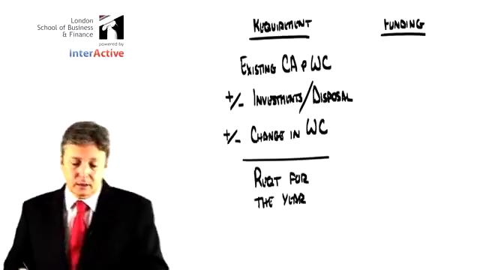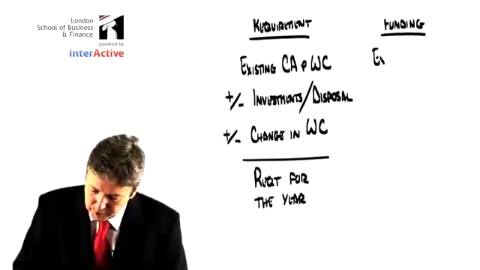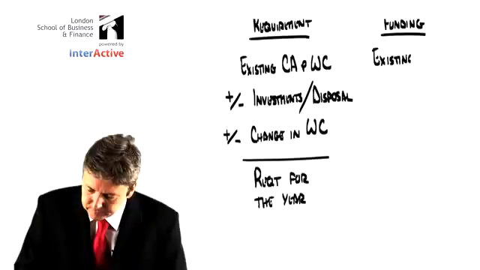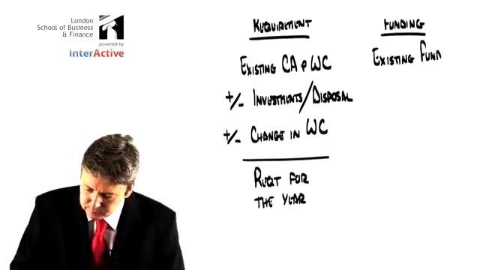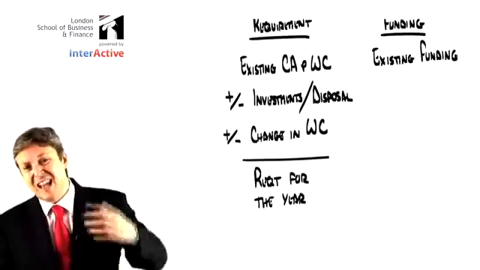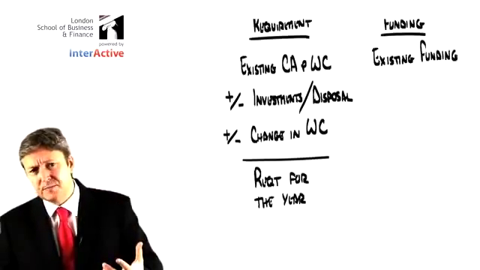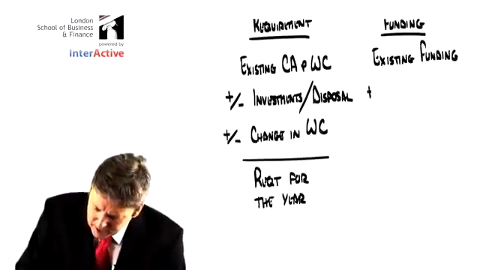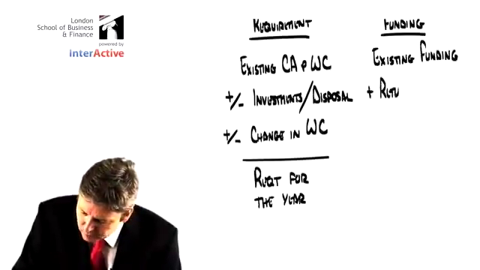When we look at funding, of course, we would start with our existing funding. And all we want to look at here is how would the funding change? Well, of course, we may have to add in some retained earnings.